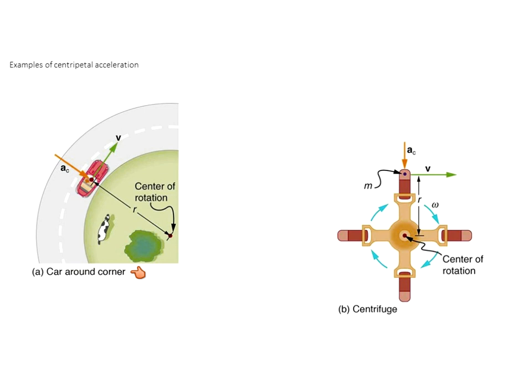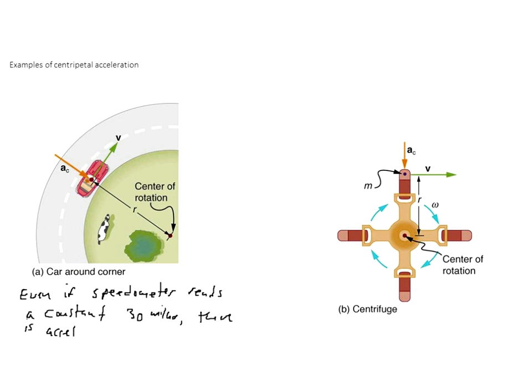Even if it's always reading 30 miles per hour, there's going to be acceleration, because the car is changing direction.